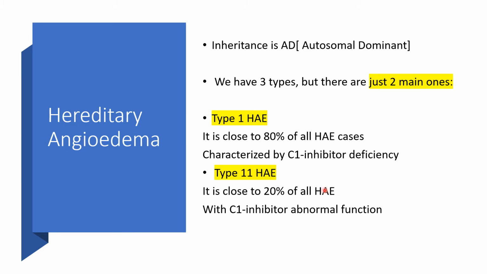So you could see only two main ones. Where is type 3 here? Not so common. Probably the record is not yet out. By the time the data is out, this percentage will change, I bet. Here in type 2, the problem is C1 esterase inhibitor abnormal function.